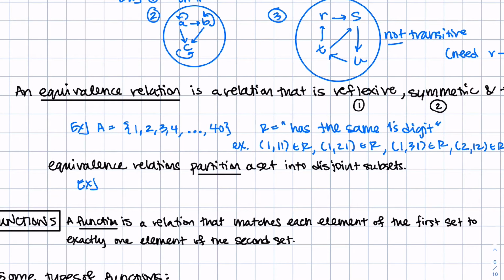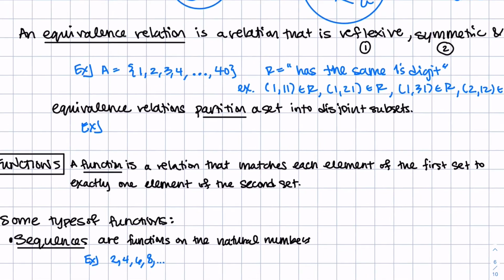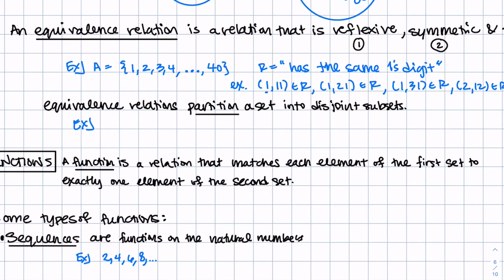And the reason why we care about equivalence relations is that they partition a set into disjoint subsets. If I think of all of the stuff that could be paired with 1, that's 1, 11, 21, and 31. And all of the stuff that will be paired with 2, that's 2, 12, 22, and 32.